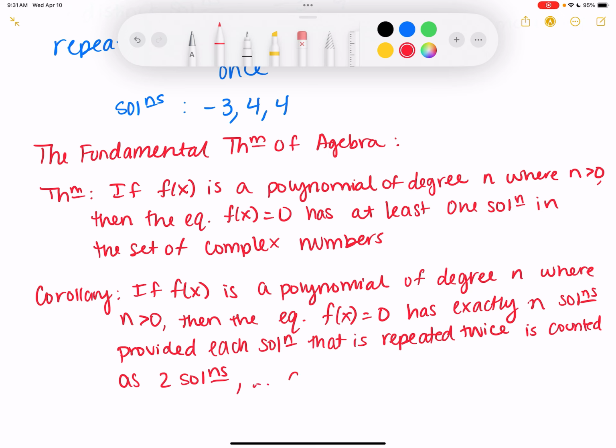And so on. So, like, if there was a solution that was repeated 3 times, we have to count it as 3 solutions, and so on and so forth. That's what that means.